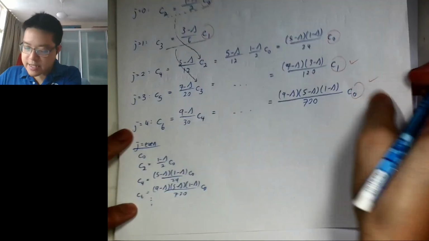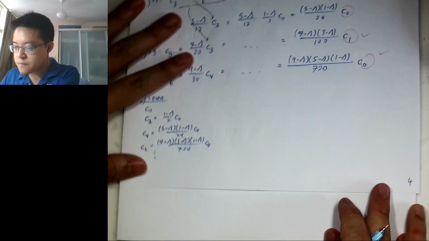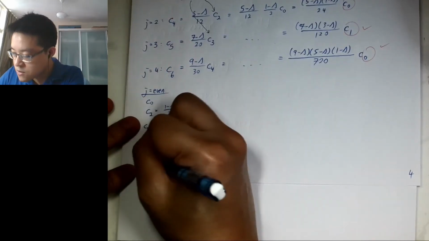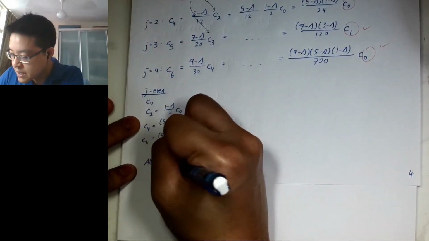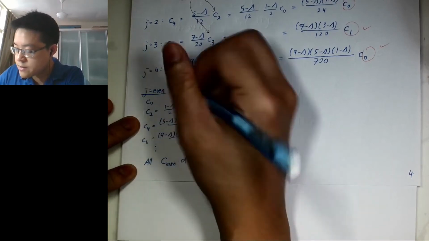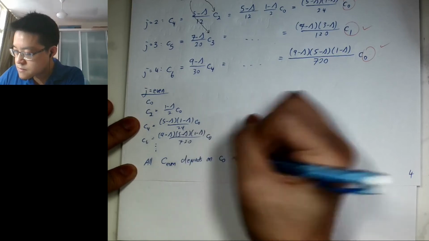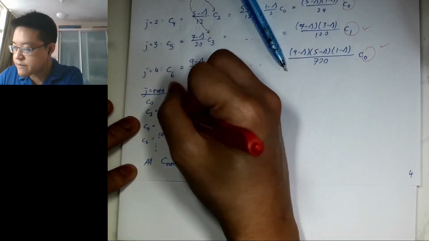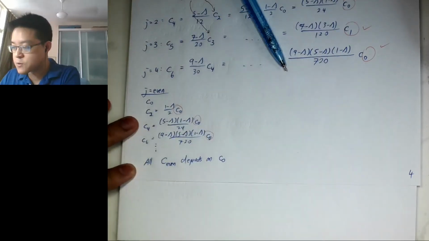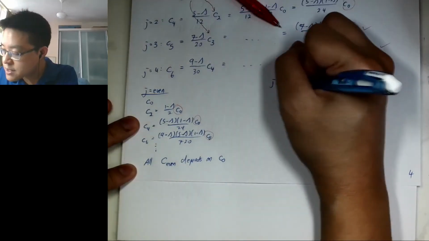So we realize that the c of even number depends on c0. So all the even numbers here depend on c0, and the odd numbers will depend on c1.